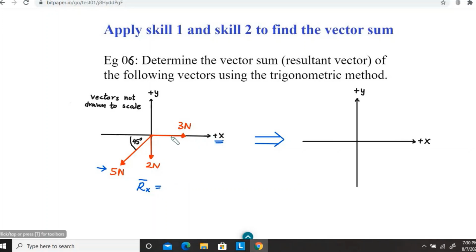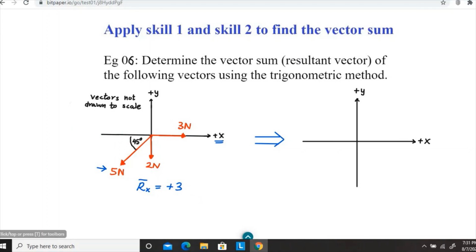You can see the 3 Newton force is along the positive x direction, so I have plus 3. Then the only other component in the horizontal direction is the contribution from the 5 Newton vector, that is 5 cosine 45, but you can see that's in the negative x direction.